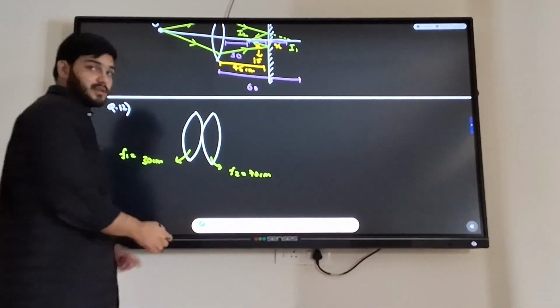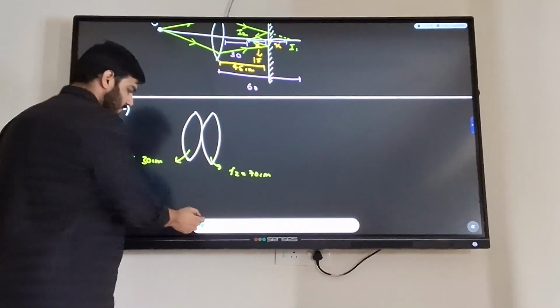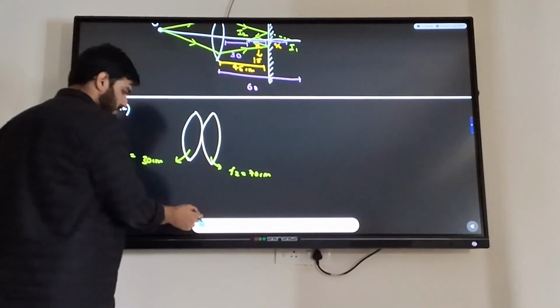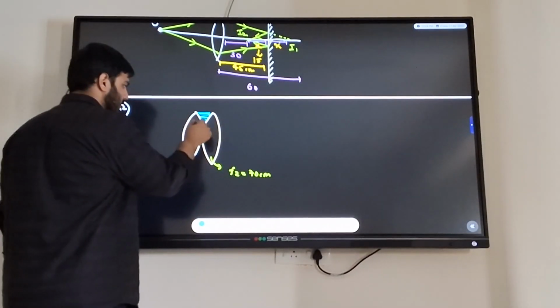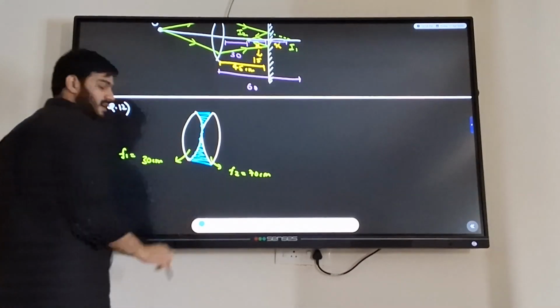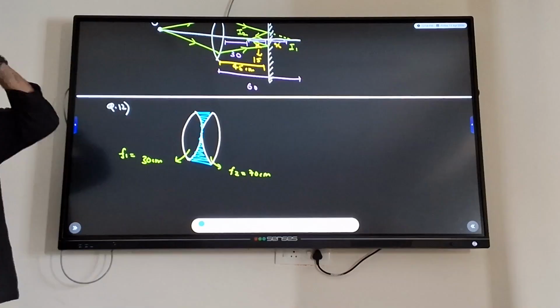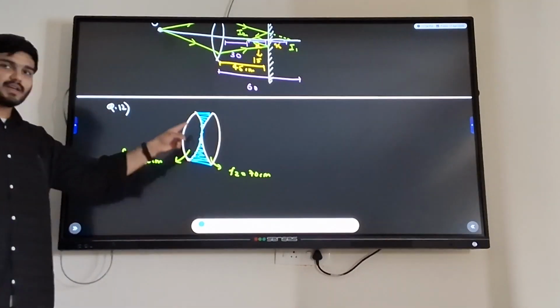And then you fill some kind of liquid in between them. How we used to treat it? You assume that this is like a concave lens.